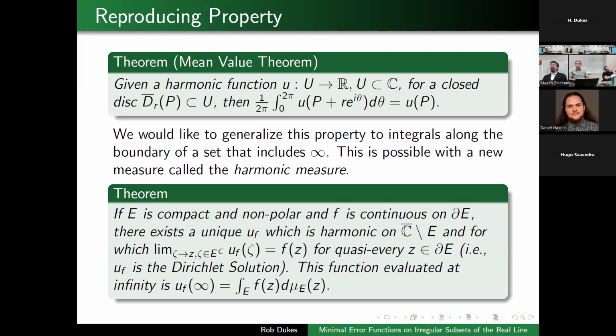But what if that's not the case? What if we can't fit an open set around our closed set? Or what if our set goes all the way to infinity and the boundary is hard to define? Well, we come up with this new measure called the harmonic measure.